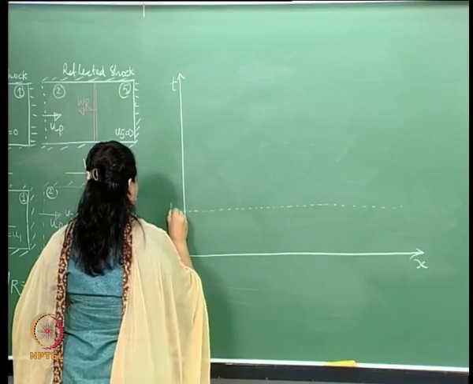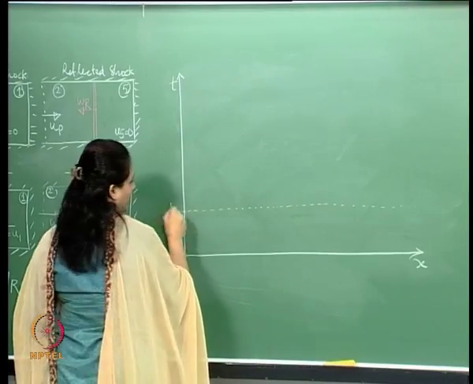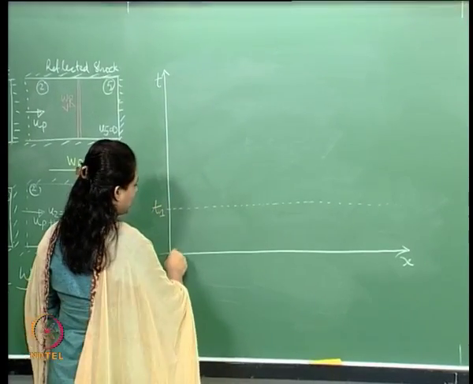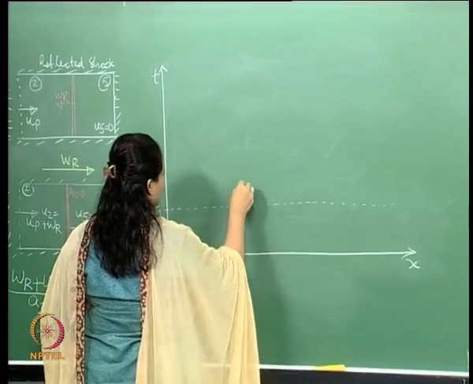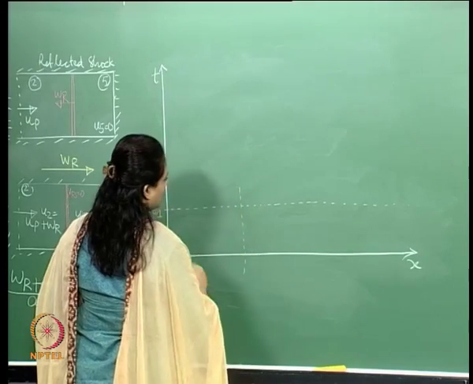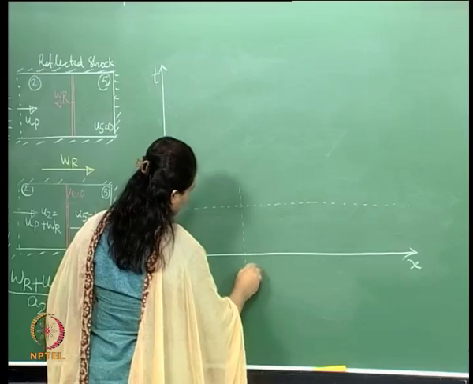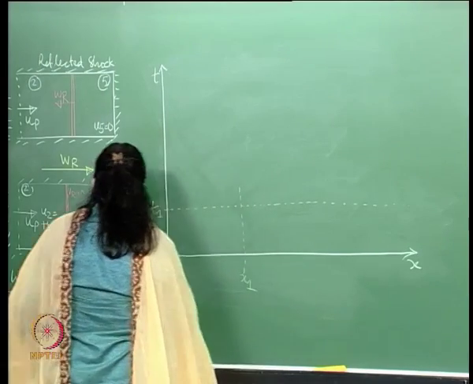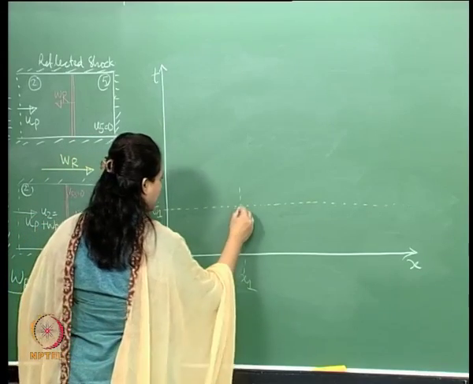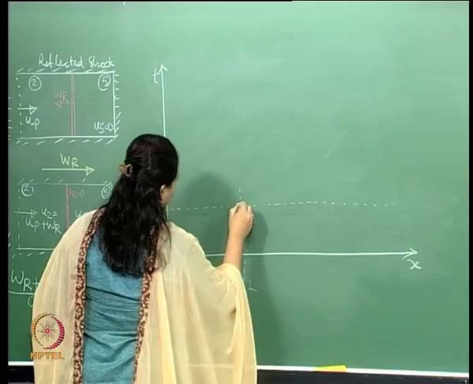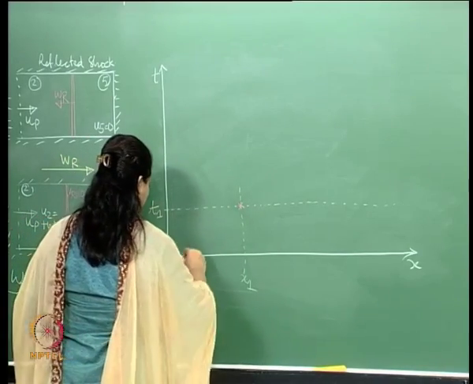Okay, this is time T1, and at that point it has traveled a certain distance, say x1. So therefore what we see here is that I am at, say, this location.